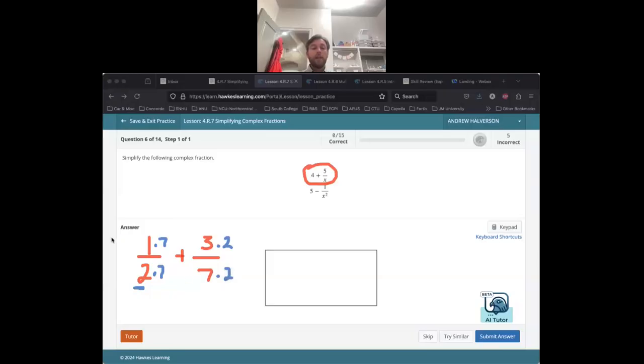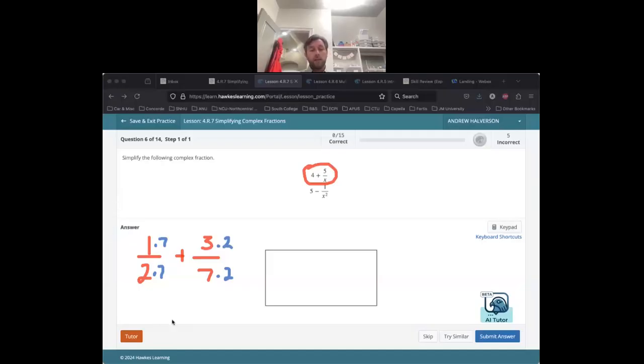Doing that, you are guaranteed to always get common denominators. My point being, you don't need the least common denominator. You just need a common denominator. This is guaranteed to give you a common denominator. That's all you need. A lot of times it'll give you the least one as well, but you don't need that.